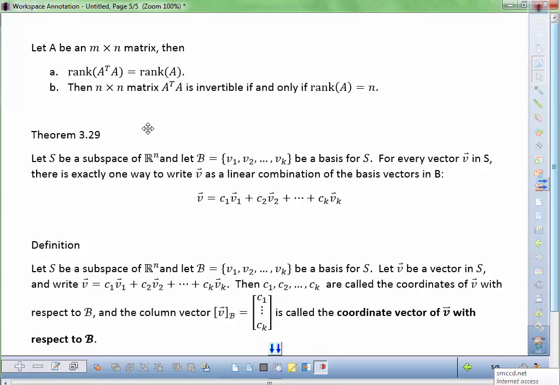The next order of business talks more about subspaces and basis.